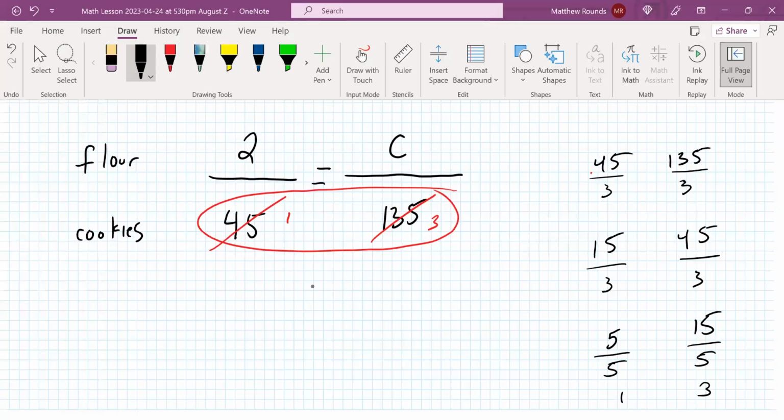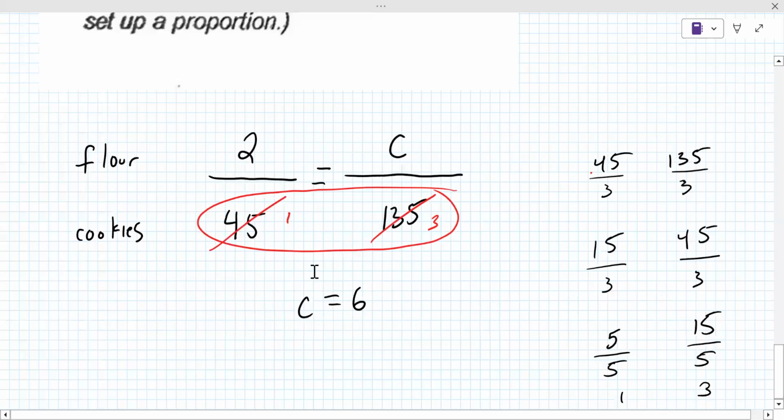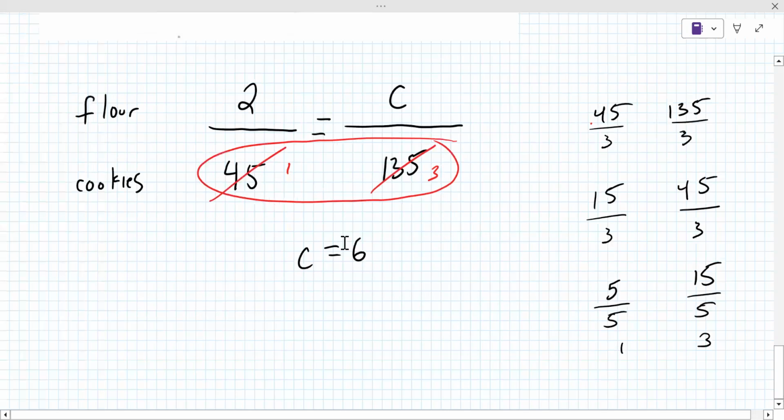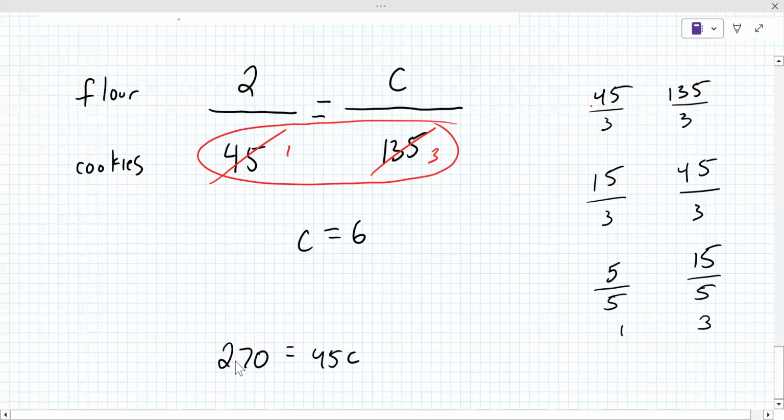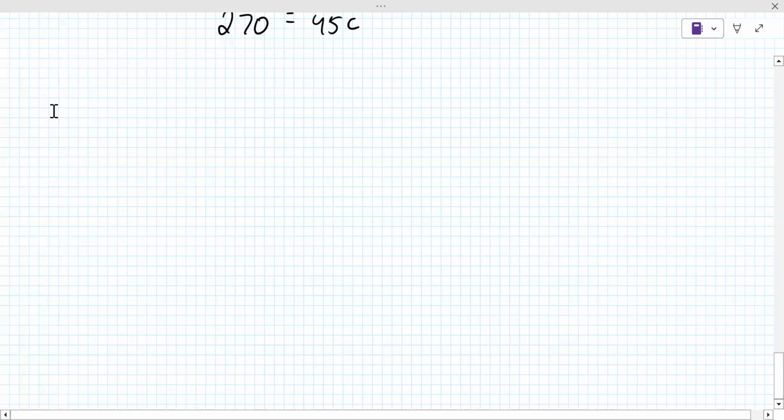You got it. Okay, so if you didn't pre-reduce, you'd have to do 2 times 135, which is 270 equals 45C. And then you have to divide 270 by 45. And that's why it's so much better to pre-reduce when you can, but you can only pre-reduce horizontally or vertically.